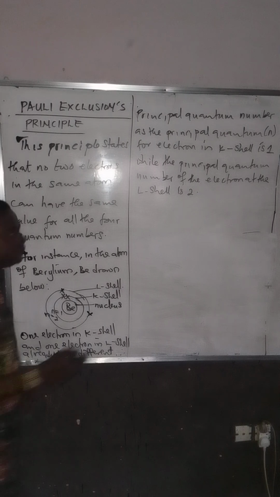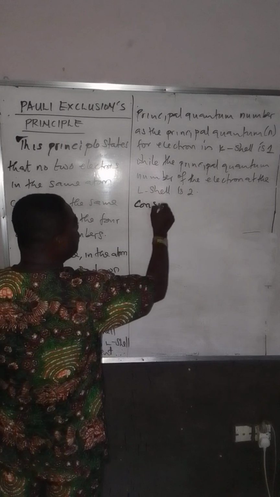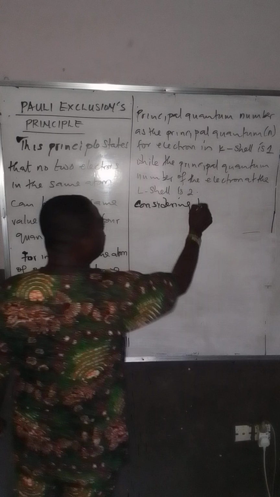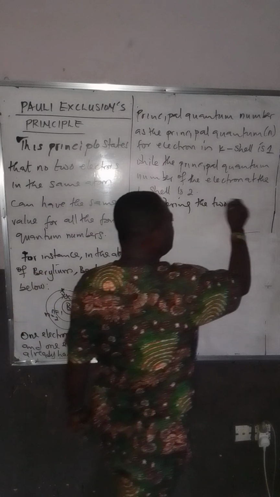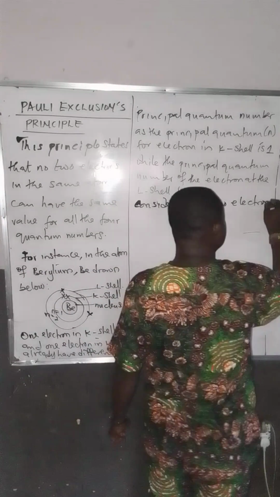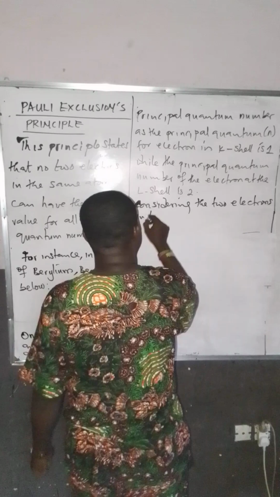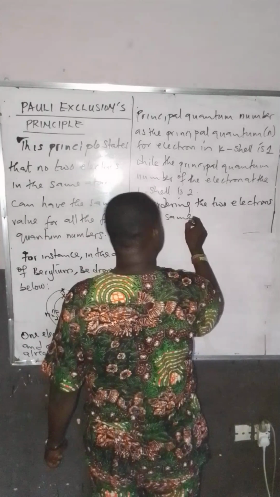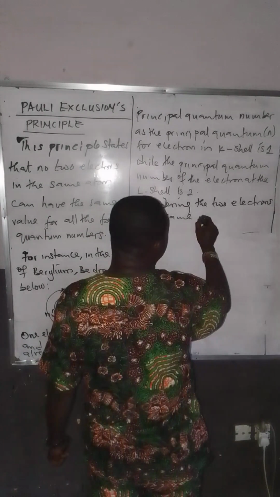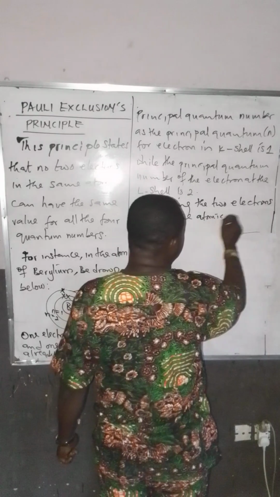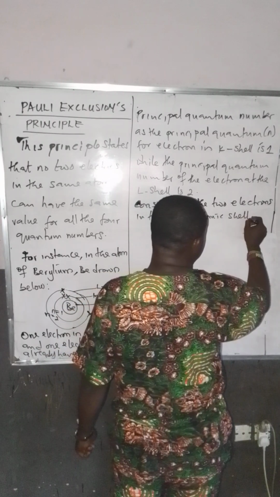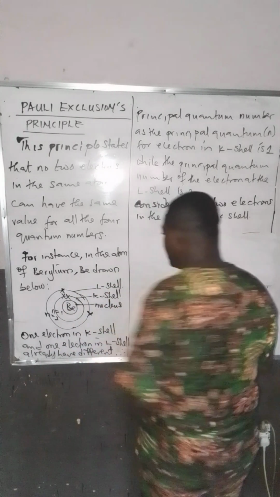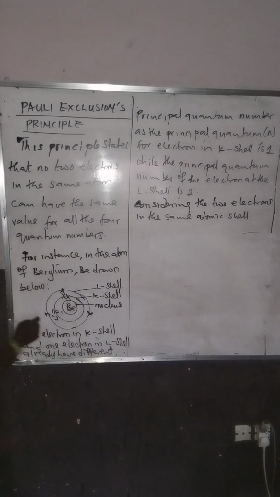Then, considering the 2 electrons in the same atomic shell, these two electrons occupying the K shell, can they have the same value for all the 4 quantum numbers?